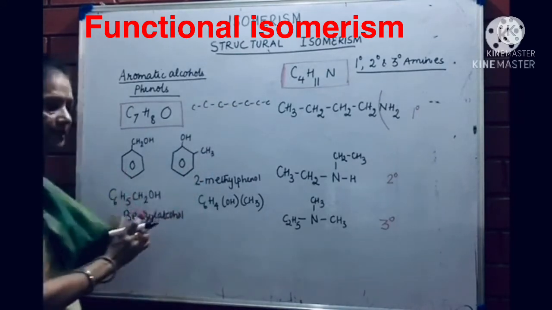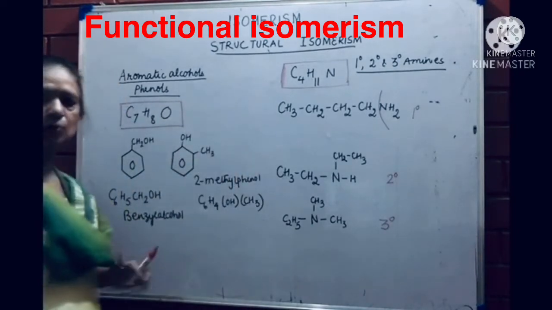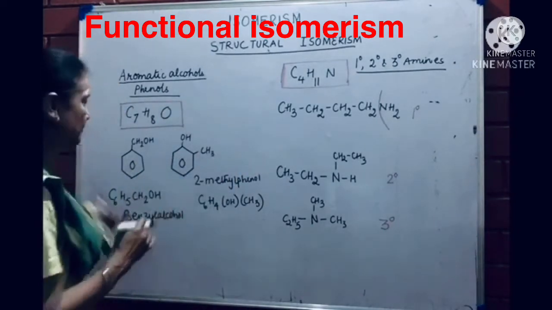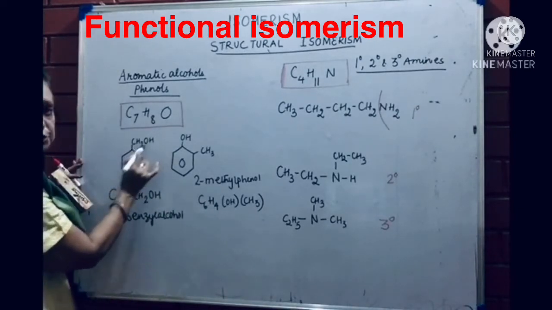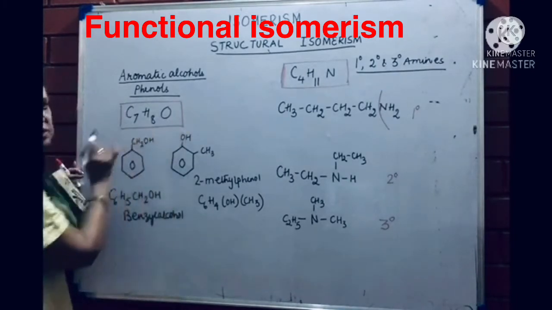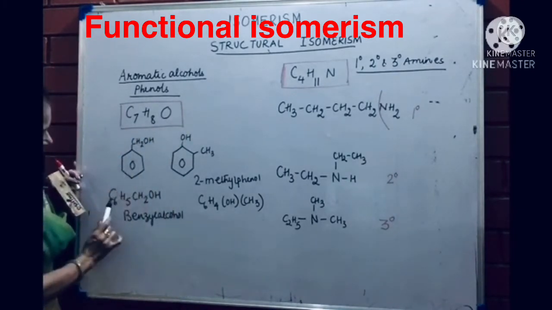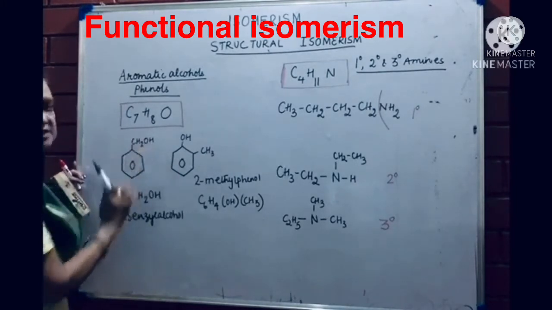So definitely think that this compound could be an aromatic compound, that is, it could be in a ring. So I've made a ring here and attached CH2OH, which becomes benzyl alcohol, which fits into this formula. See, this is C6H5. I've removed one hydrogen and then attached CH2OH.